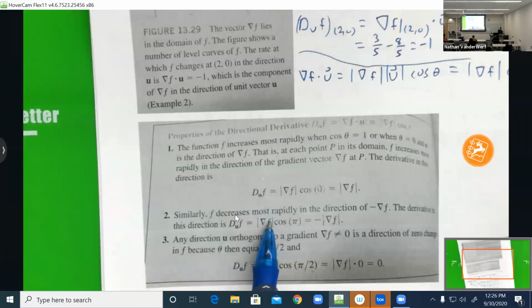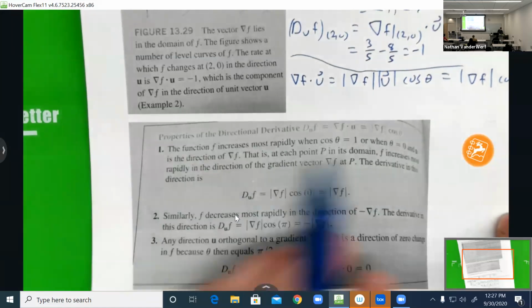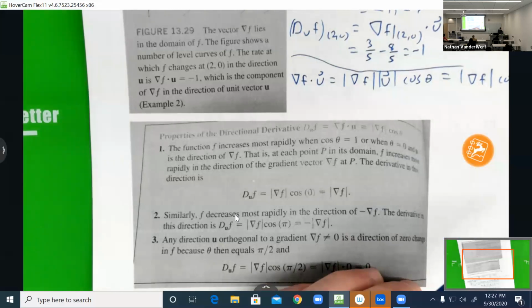If you set it to a negative multiple of the gradient, it's where it's decreasing the most. And if they're orthogonal, then you're going to get 0. So hopefully that makes sense, intuitively at least.